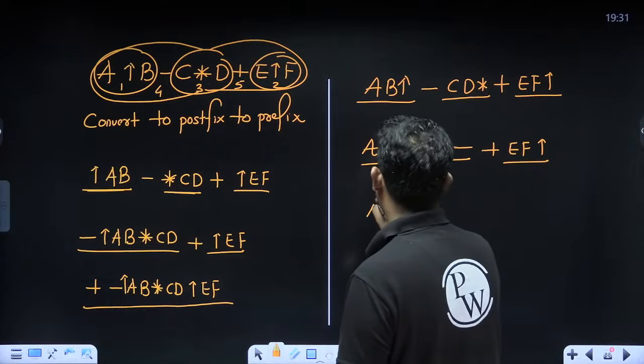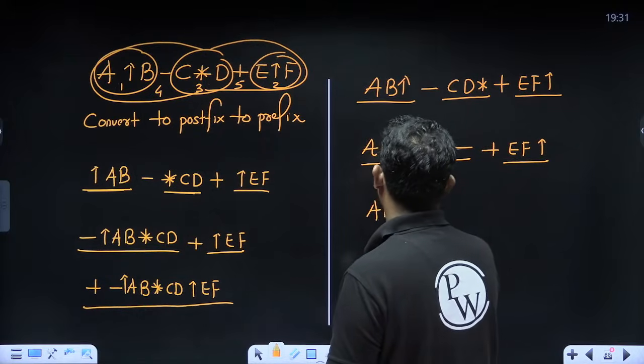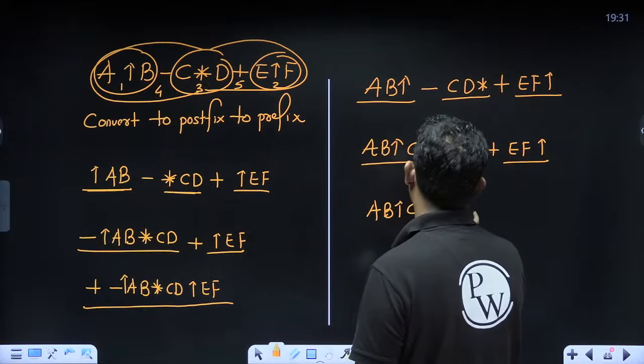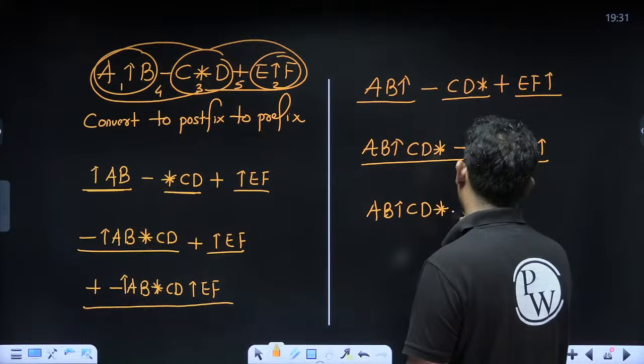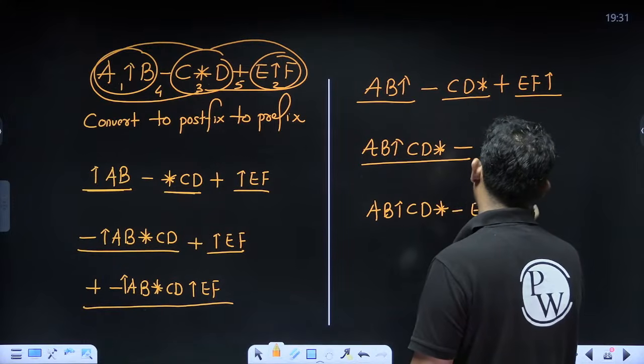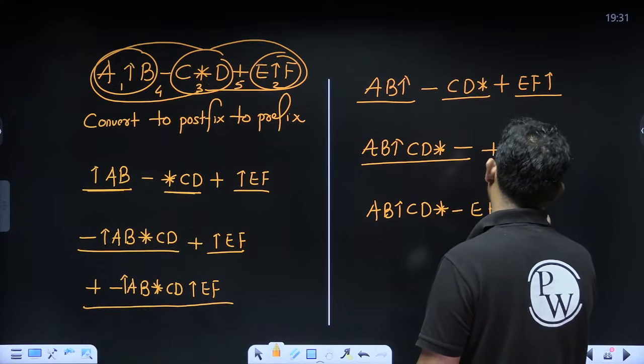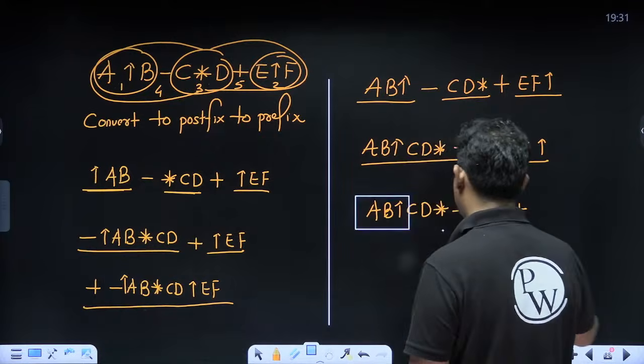Last is plus, so AB exponentiation, CD multiplication, then minus, then EF exponentiation, plus. Done.